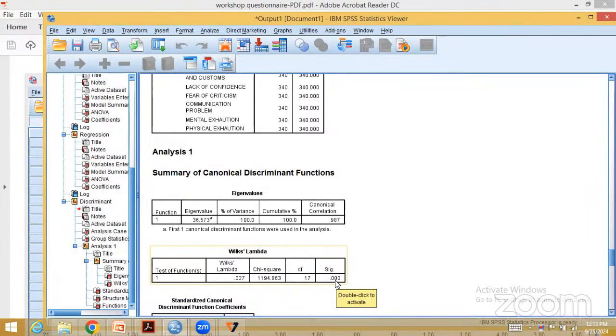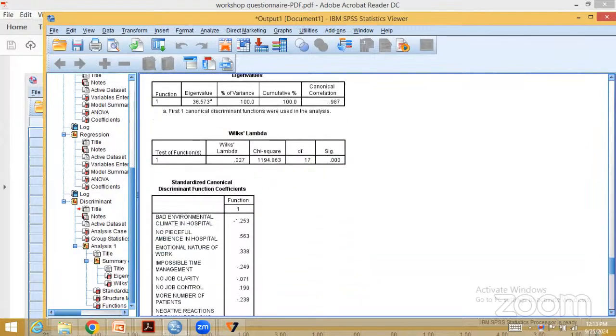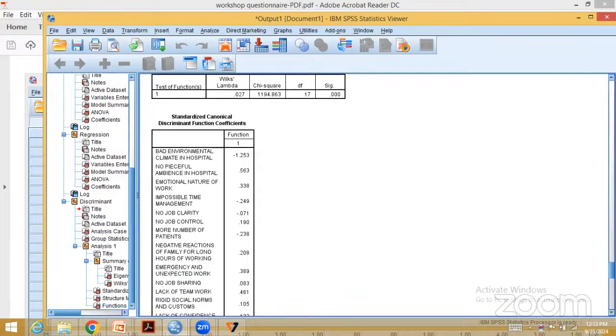It is significant because the p-value is less than 0.05. Therefore, the chi-square value characterized by Wilks lambda is significant. If it is not significant, we will not interpret it. If it is significant, we will interpret the output of the subsequent matrices.